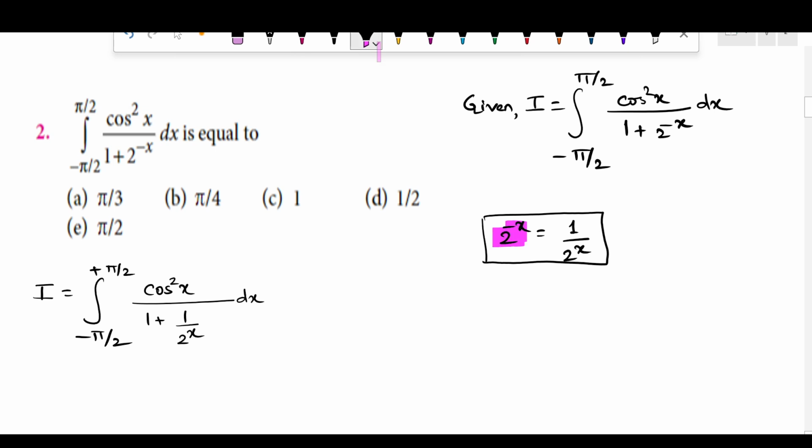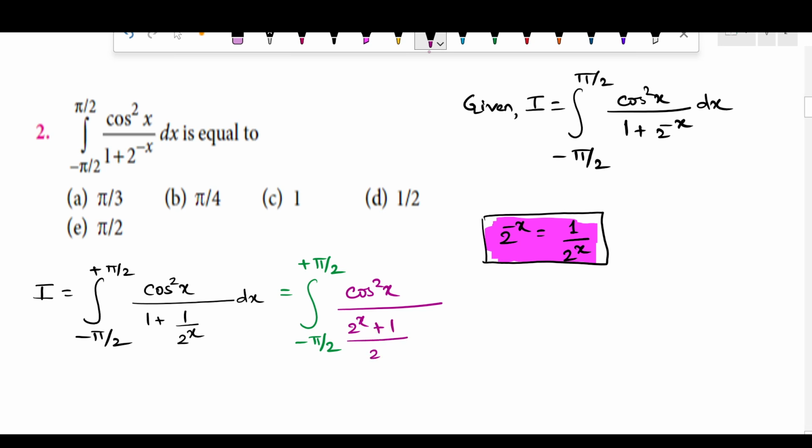From here we get this, which further equals the integral from minus pi by 2 to plus pi by 2 of cos square x upon, now take the LCM, 2 to the power x plus 1 upon 2 to the power x dx.